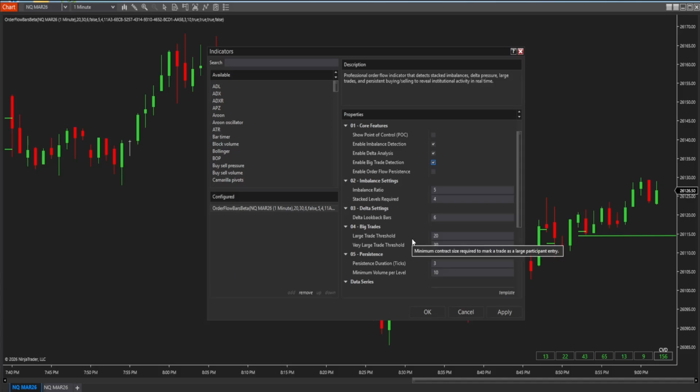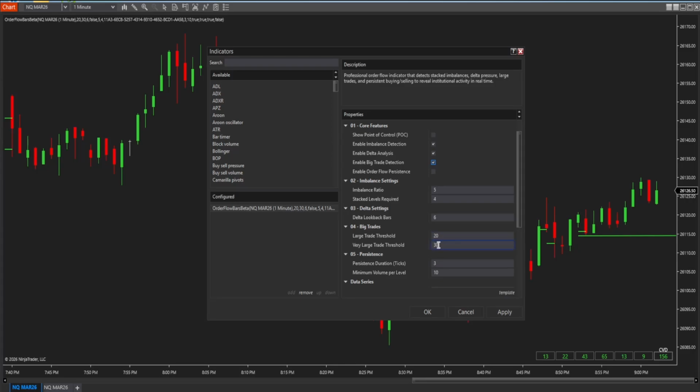Now, what this does is that it's not calculating all the contracts that are coming through. This is one order. So if one order goes off with 20 contracts that are filled for one order, then it's going to show a dot. Actually, it shows between 20 to 30.